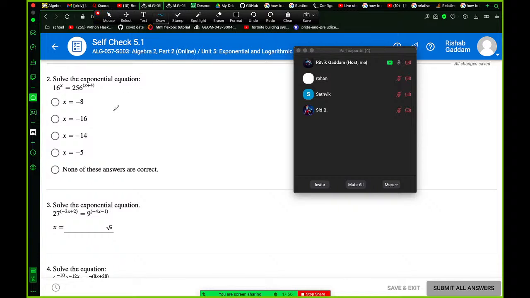Okay, solve the exponential equation. 16 to the power of x is equal to 256 to the power of x plus 4. X is what we're supposed to find out. So if you want to do this one, then raise your hand in the participants list.